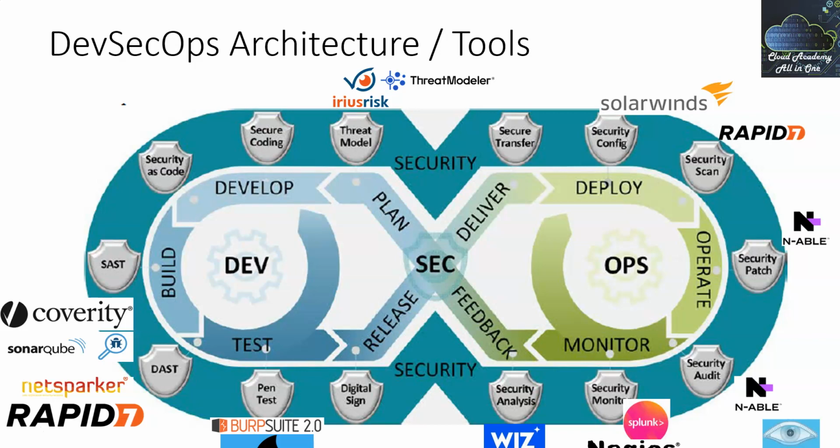Moving on to SAST, static application security testing, or you can even call it SCA, software composition analysis. These are both tools that examine the source code to identify weaknesses that can lead to security vulnerabilities. I mentioned Coverity and SonarQube. For SAST, I can name SonarQube.